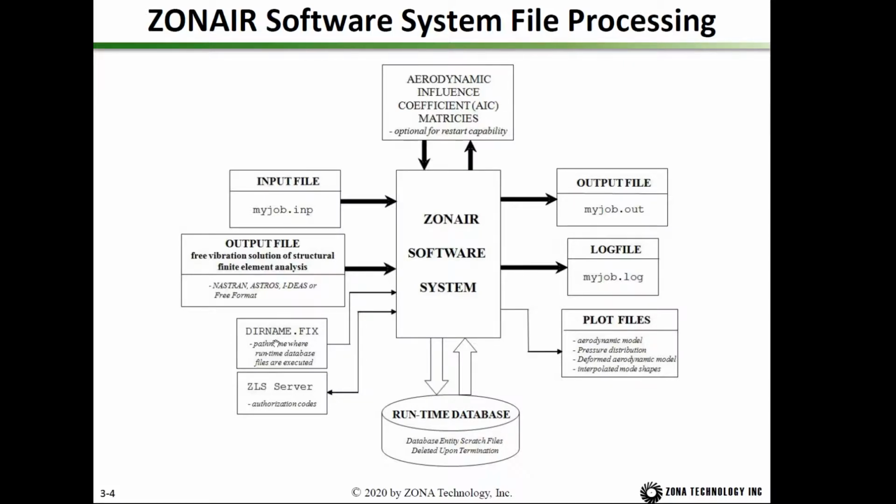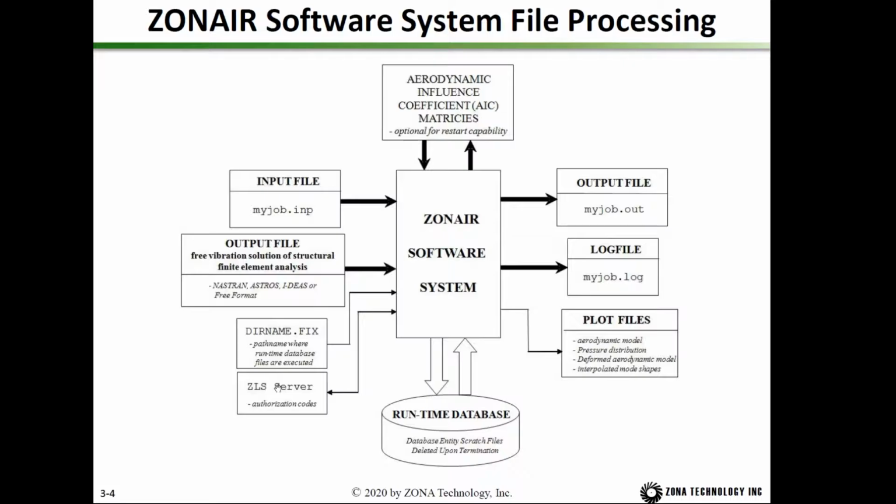You also have another file called dirname.fix. It specifies the path name where the runtime database files are executed. When you install ZONAIR, the installation will automatically set up this file for you.